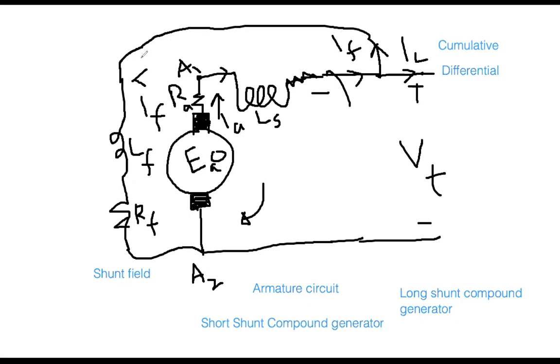Something is going towards the field, and something is going towards the load. Because of this connection pattern, where the armature point is connected over the long distance, it is called the long shunt compound generator. So in the previous diagram, if the field is connected here, that is called short shunt, and if it is connected at this point, it is called long shunt.